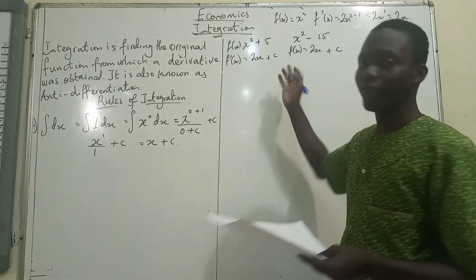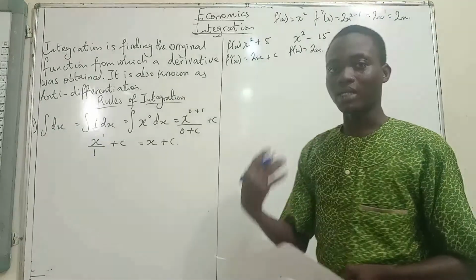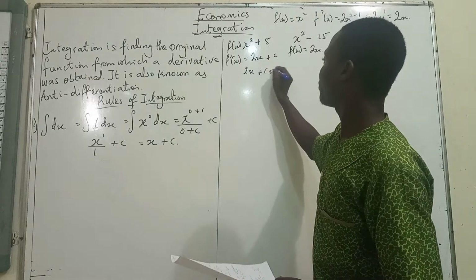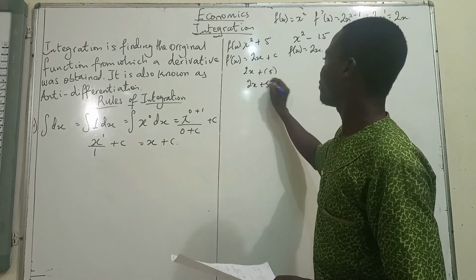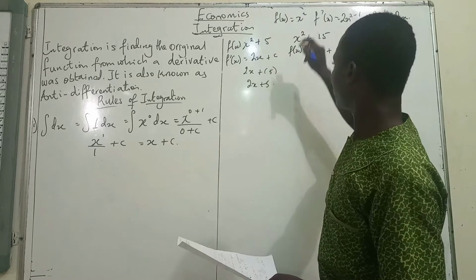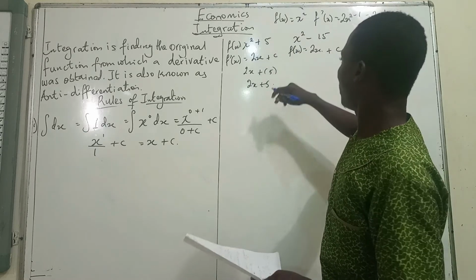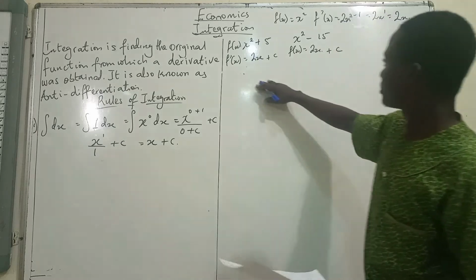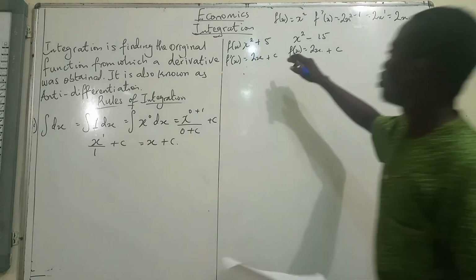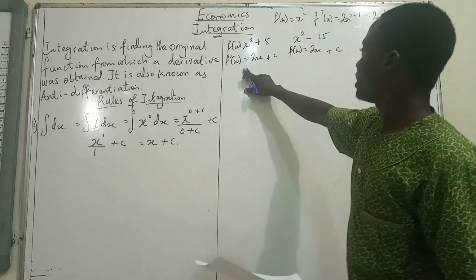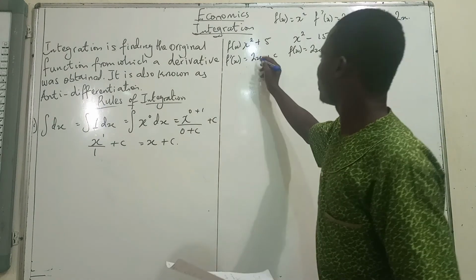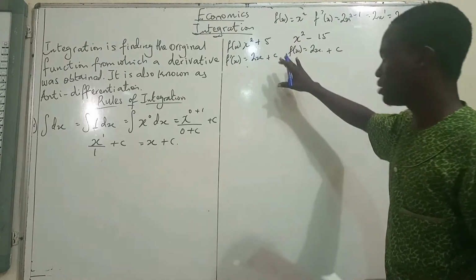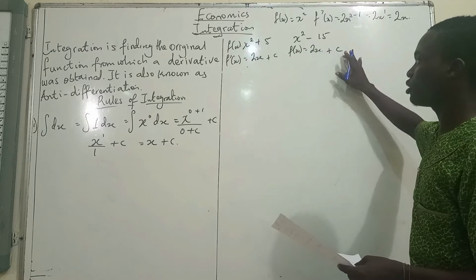Now, if upon additional information we discover that c were 5, that would be 2x plus 5. Why we have the constant as a plus, let me get to that later.